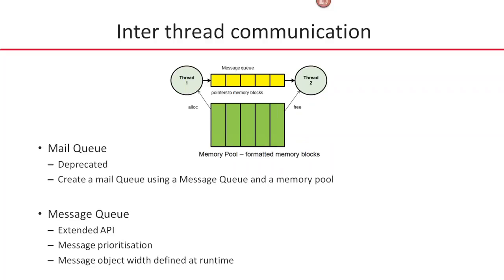The message queue before had a width of 4 bytes. It's now possible to extend that to a user-defined size. So if we want to, we can post arrays of data in a message queue as well, although that's not as efficient as using the memory pool and message queue as described above.